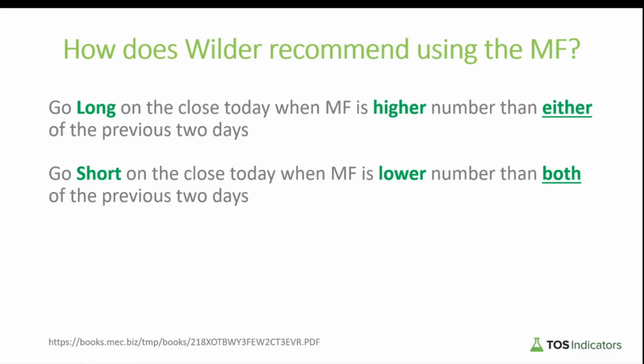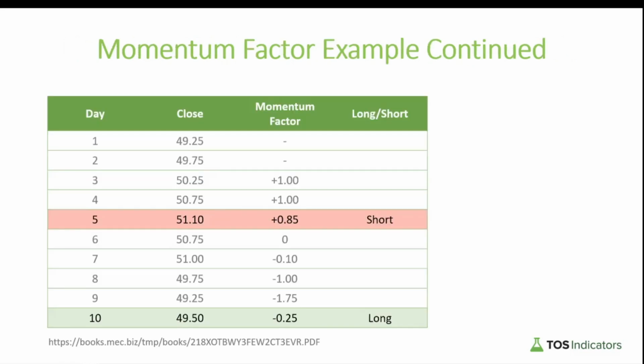So now if we go back to that same example that we were talking about earlier, this is the same data, the same ticker, same closing prices, and the same momentum factor. The first period in which we're going short is on day 5 when we see our momentum factor right here of 0.85 is now less than the previous 2 days. Both of them, not just either, but both of them, where 0.85 is less than 1 and 0.85 is less than 1 from day 3.